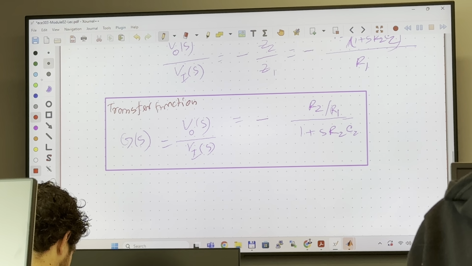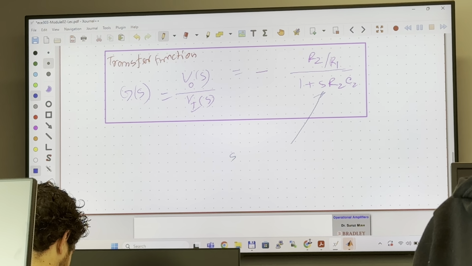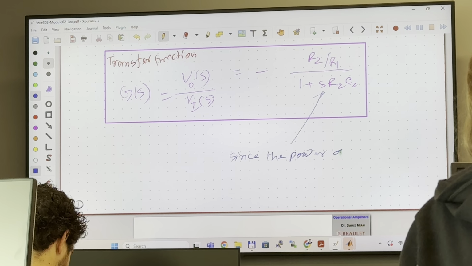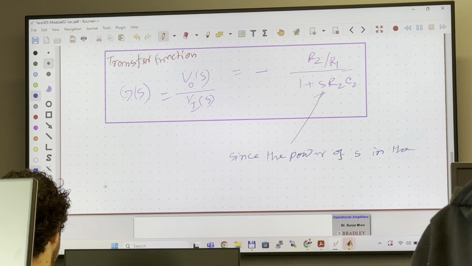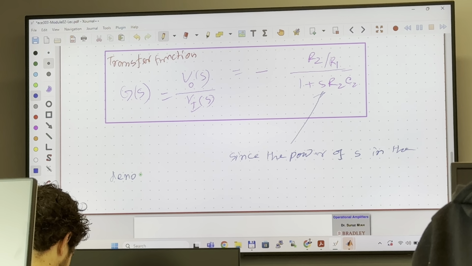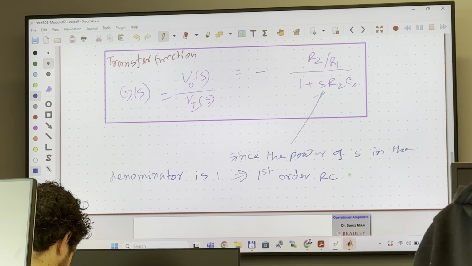So you can simply say that since the power of S in the denominator is 1, this implies a first order RC filter, a low pass filter.